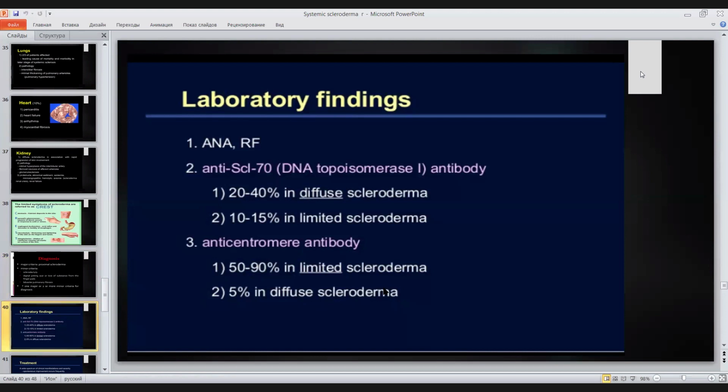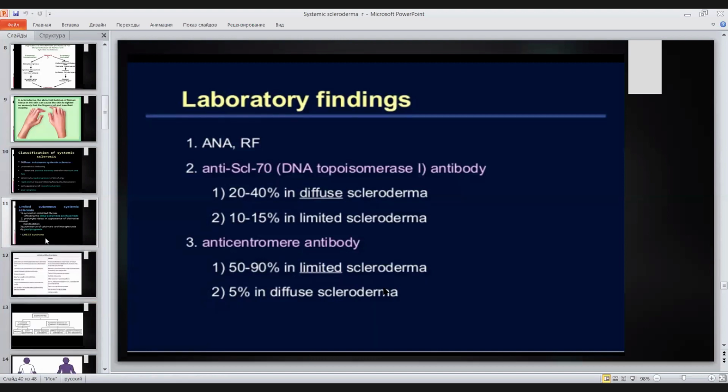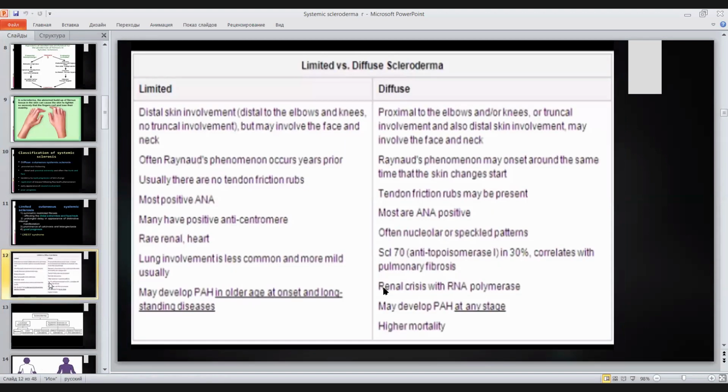If you are a little bit confused and can't diagnose which type your patient has, you can prove it by test. And come back to this table. One second. Now everyone read, and I will explain. This scheme is for differential diagnosis, because why should we differentiate between diffuse and limited?